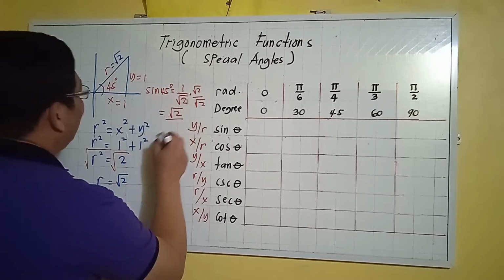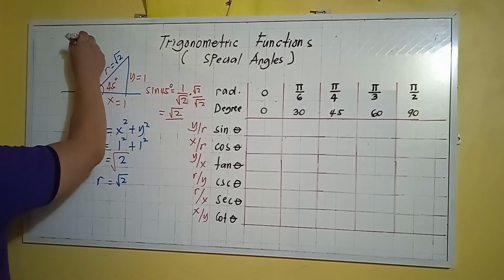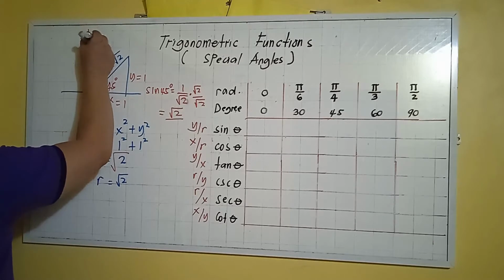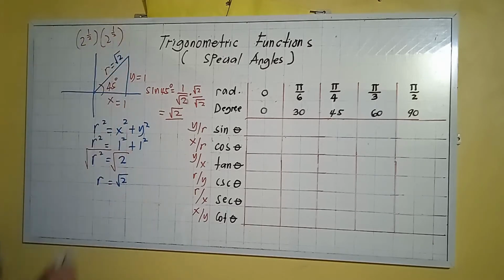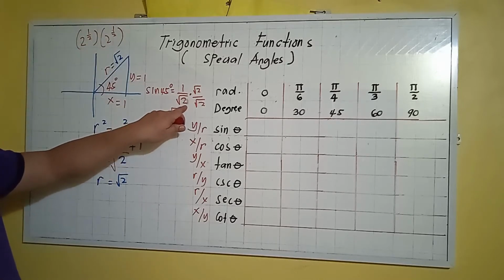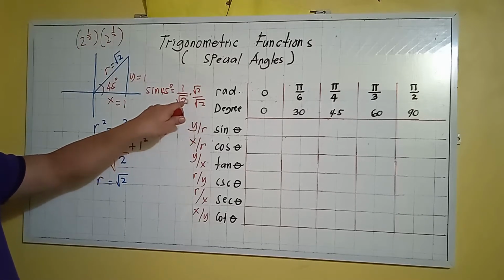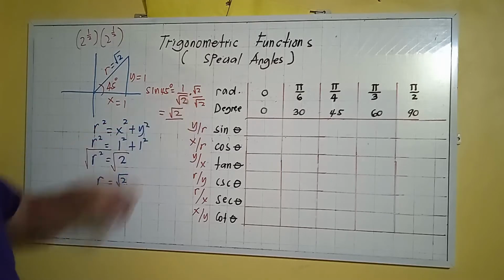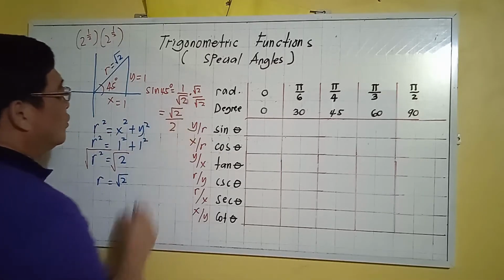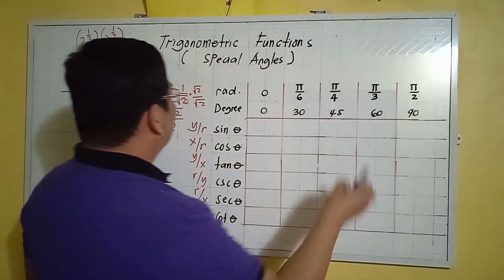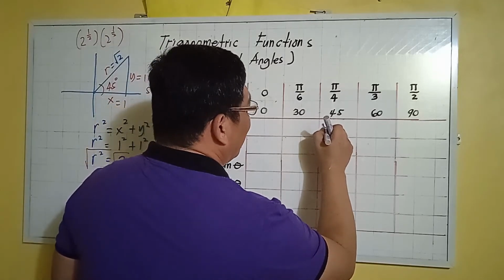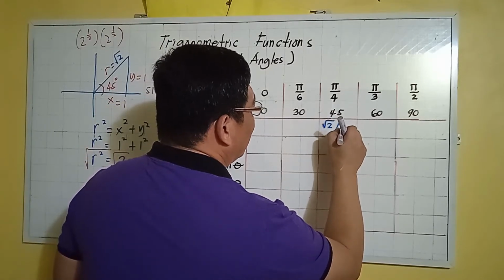So, ibig sabihin, if we have square root of 2, you also have 2 raised to 1 half multiplied by 2 raised to 1 half. Hindi ba sa law of indices, pagka multiplication, ina-add natin to. So 1 half plus 1 half is equals to 2. 2 raised to 1 half multiplied by 2 raised to 1 half is equals to 2. So meron na tayong sine 45 degrees. Nasaan ba yun? Sine 45 is square root of 2 over 2.